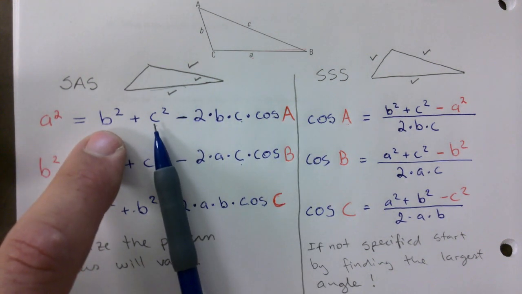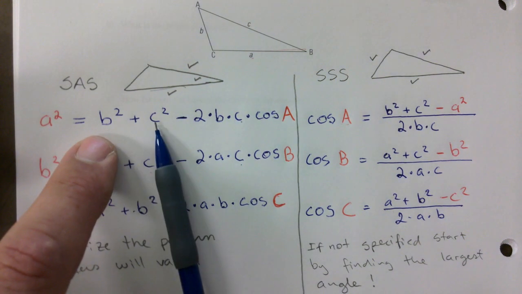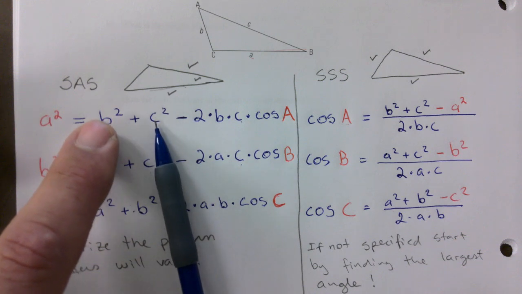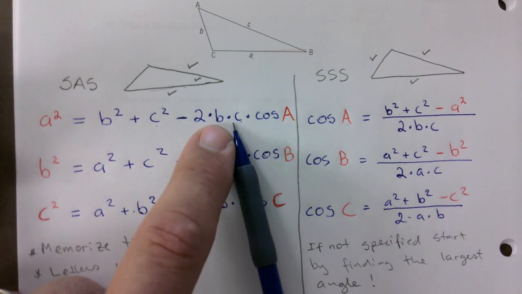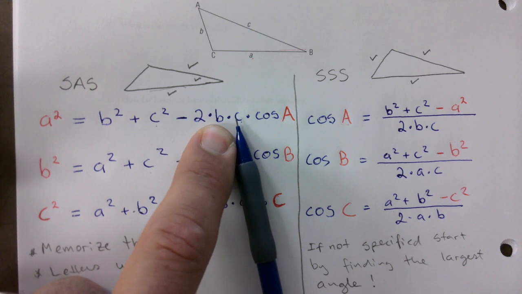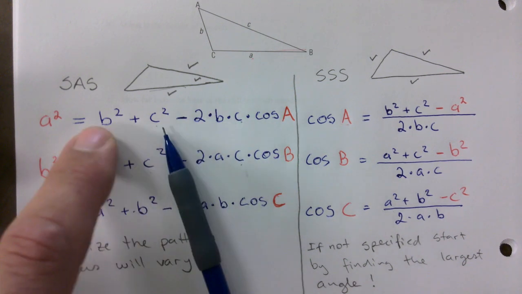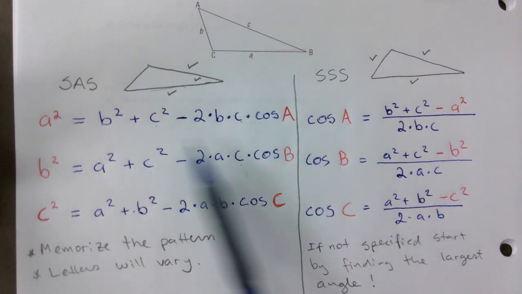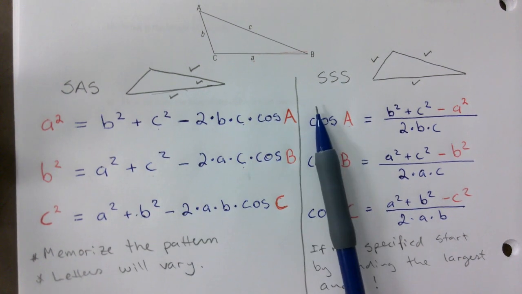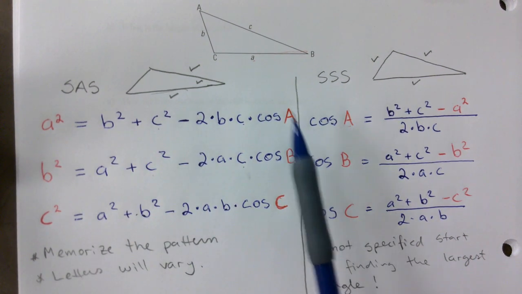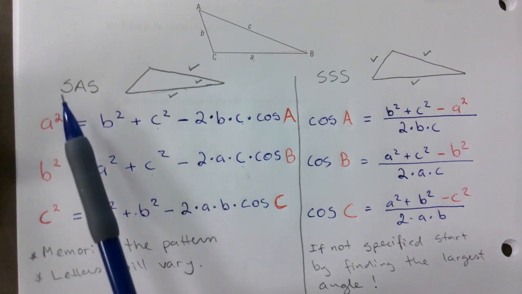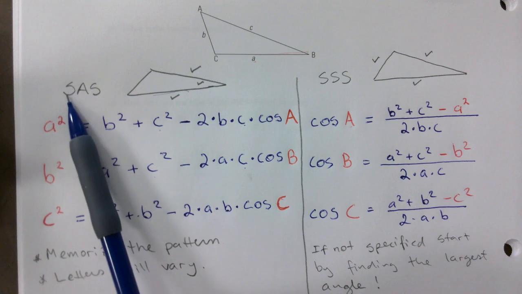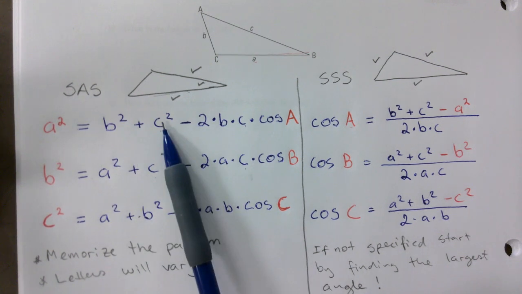Basically what you need to remember is that the other two sides are squared and added. And then these two sides show up again here in your formula and they're being multiplied. So more than remembering the actual letters, I just want you to look at the pattern. If you want to find a side, take the other two sides that are known, plug them in, square them.